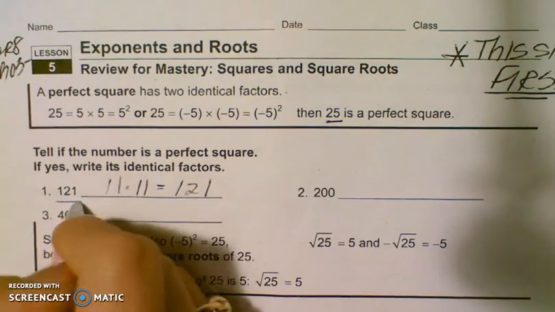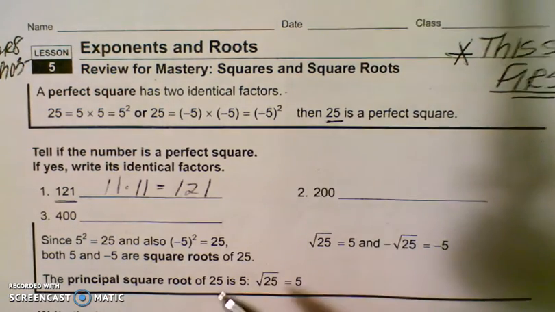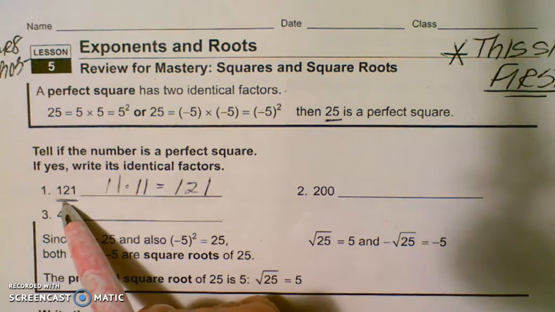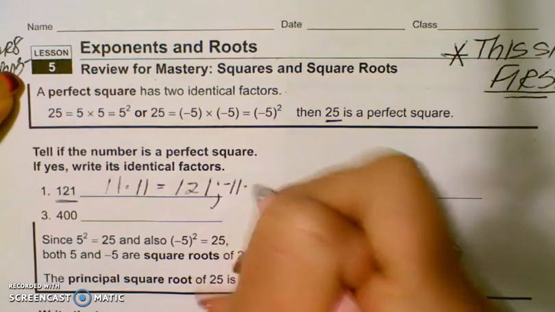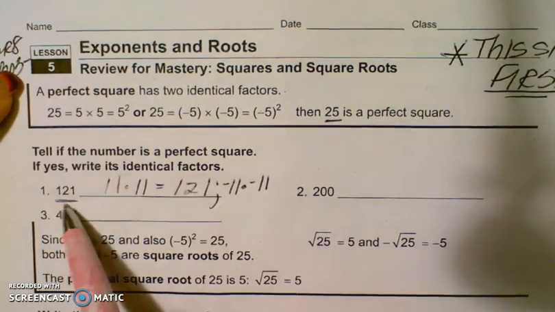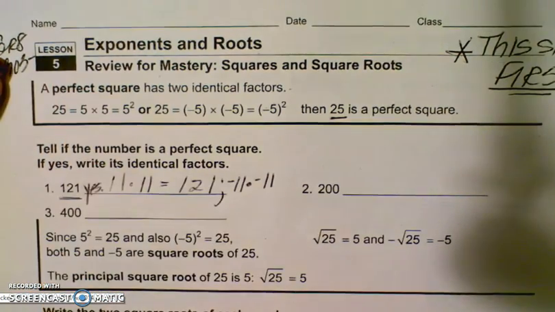Therefore, 121 is a perfect square. Are there any other identical factors that can give us 121? Actually, there are, because negative 11 times negative 11 will also give us positive 121. So yes, 121 is a perfect square.